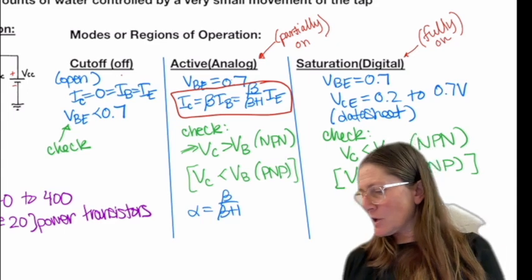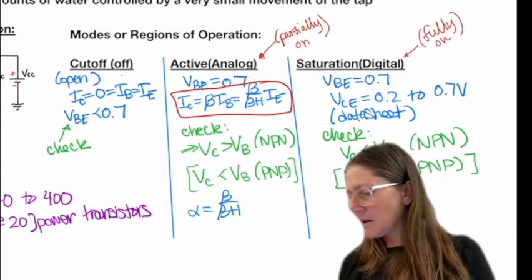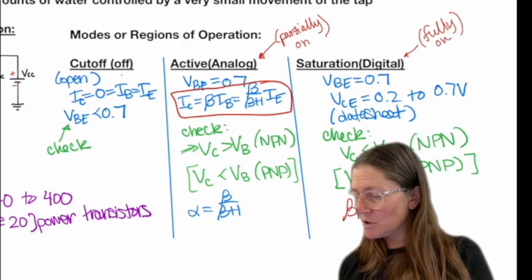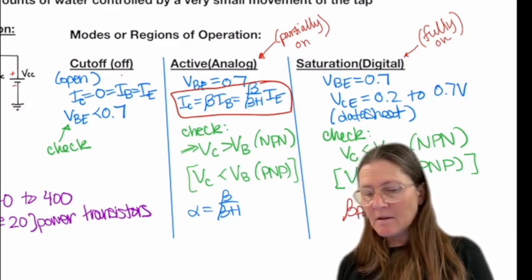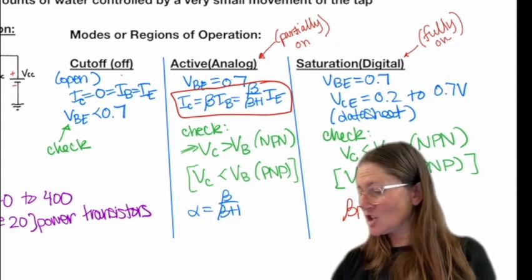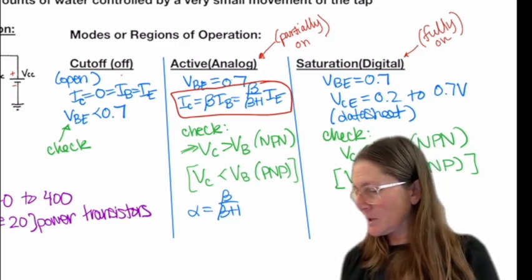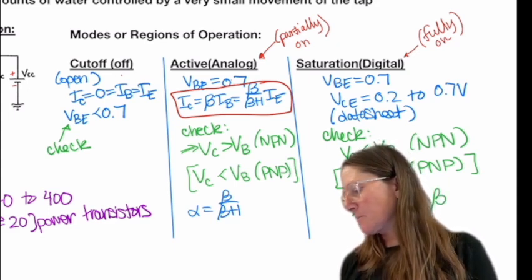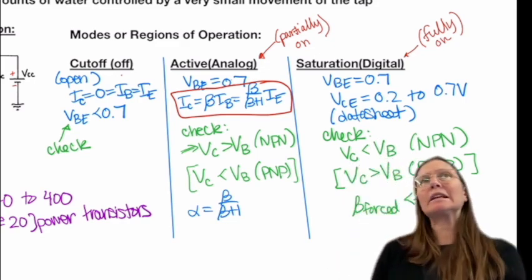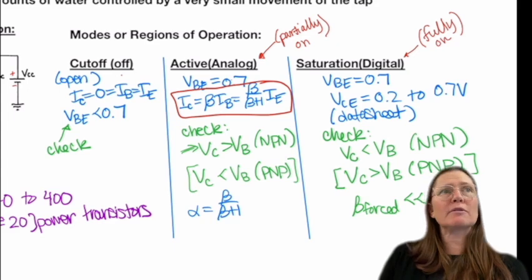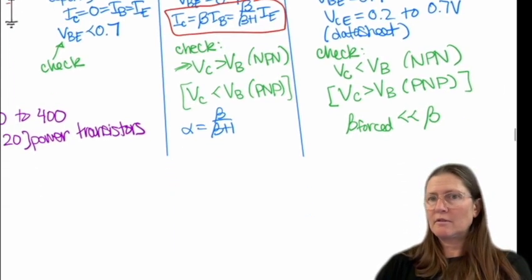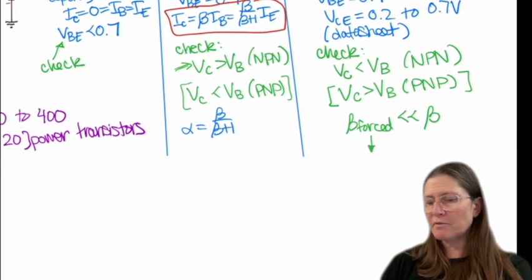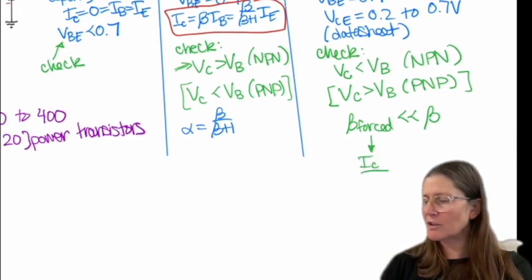And then in saturation, you have a beta, but it's now called beta forced. This is a check: beta forced needs to be a lot less than beta. You find beta forced by finding the IC value that you solve for over the IB value.